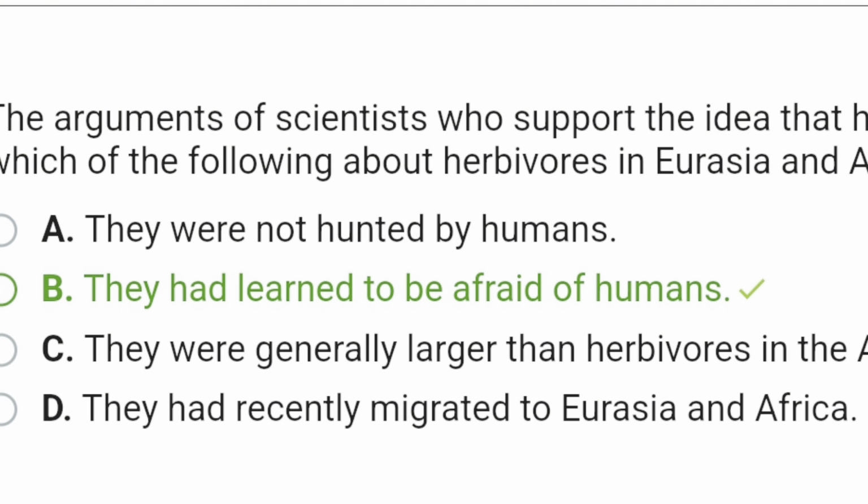One answer says they were not hunted by the humans. Another answer says they had lived ahead of the humans. Another says they were generally larger than herbivores in America, and they had recently migrated to Eurasia and Africa.